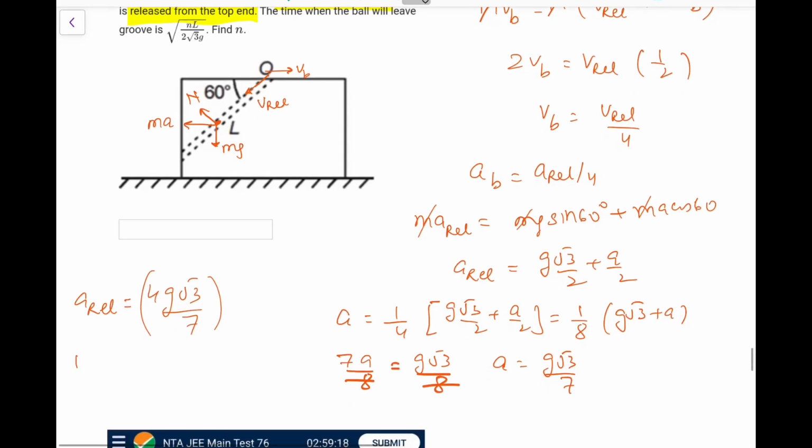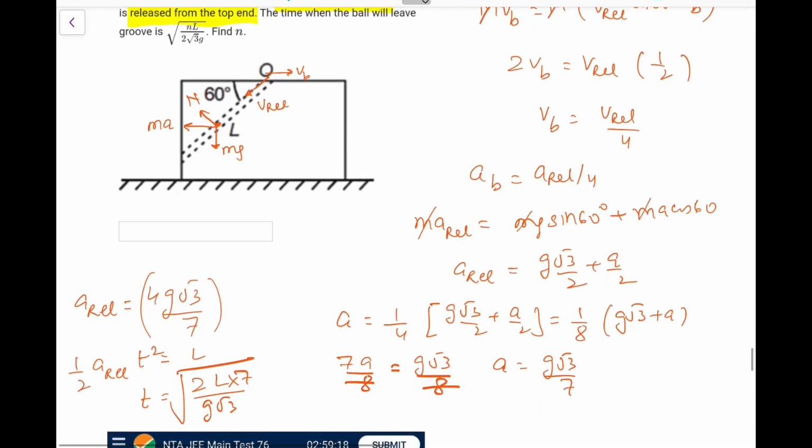Now with respect to this, half a relative into t square would be equal to this length, and this length is L. So t would be under root of 2L upon a relative, which is g root 3 by 7.